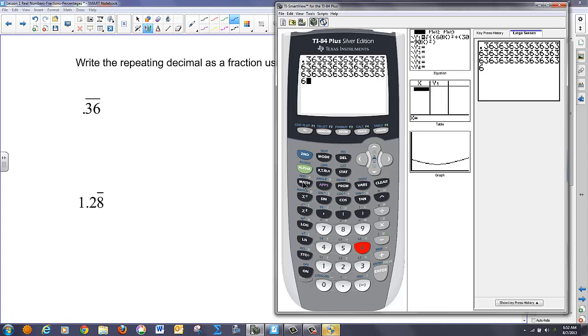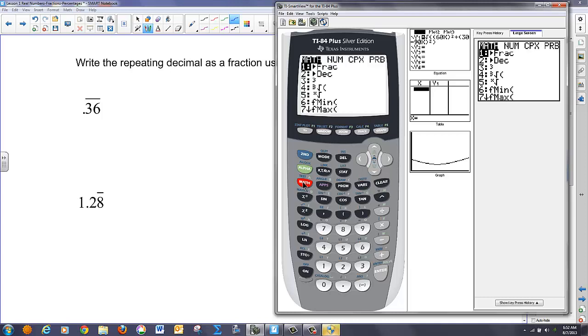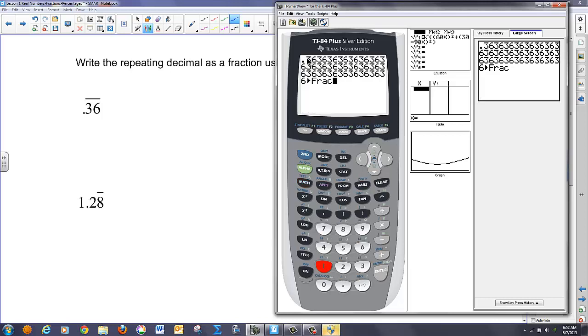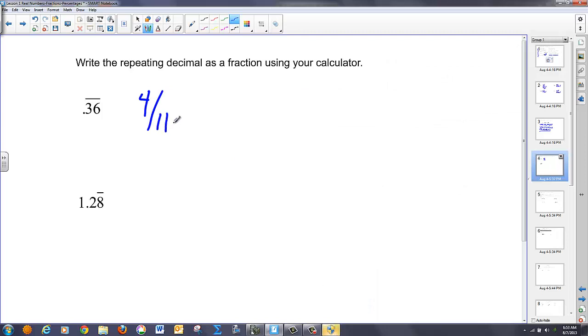So if I hit the math button, and then if you look right up here on number 1, it says frac. So I can either hit the number 1 or hit enter. I'll hit the number 1. You'll notice that here's 0.36 repeating, and it says convert that to a fraction. So if I hit enter, then the fraction that makes is 4/11. So we write in 4/11.